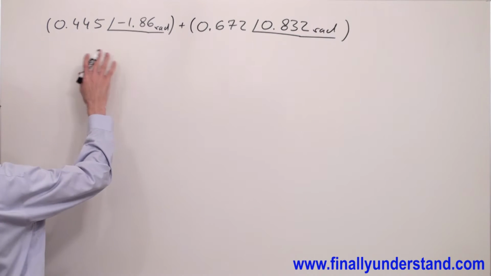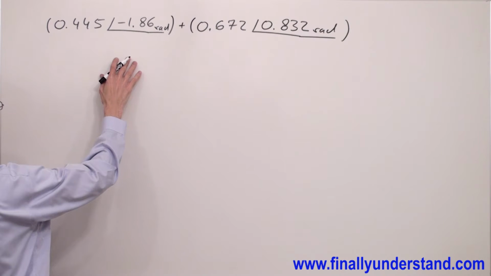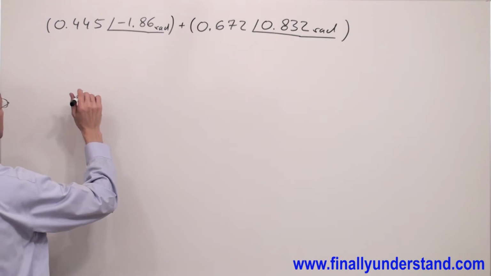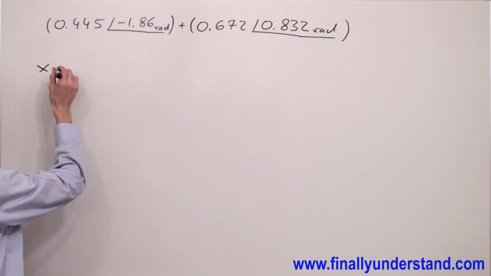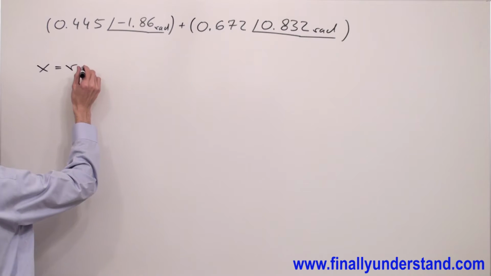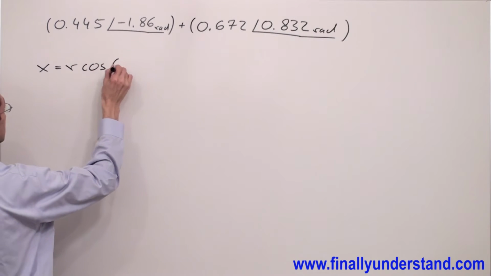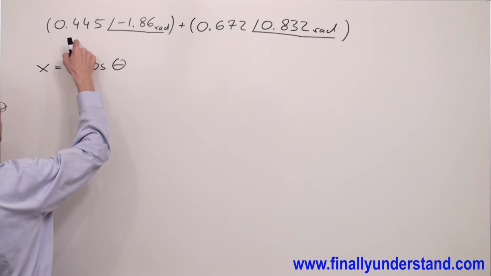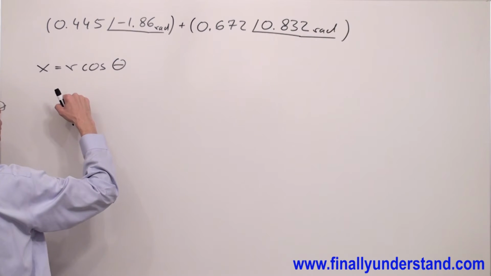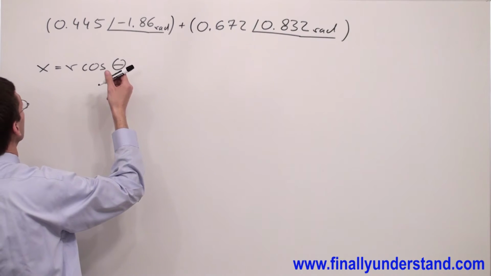Now, in order to add these two complex numbers, I'm going to convert each of them to rectangular form. So I'm going to say my x is equal to r cosine theta. I have to find the real part and imaginary part for each of these two polar forms.